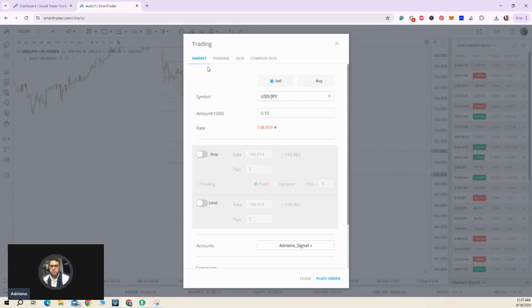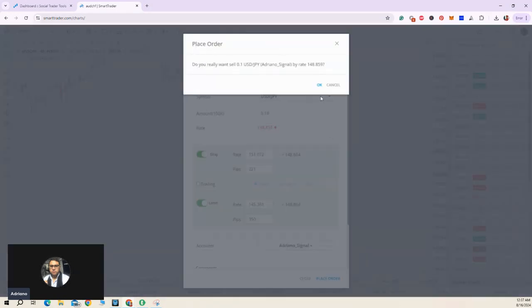We're gonna sell at market price. Stop loss is gonna be 221 pips, and then for take profit, let's put 350 pips. So let's place this trade.